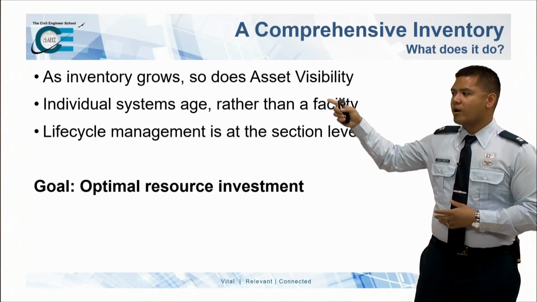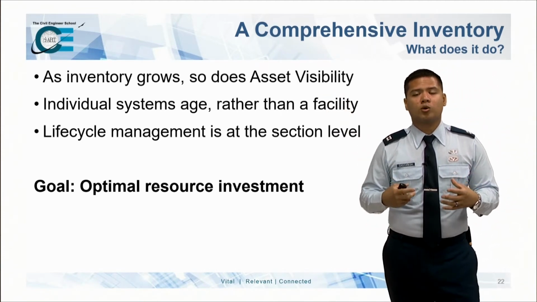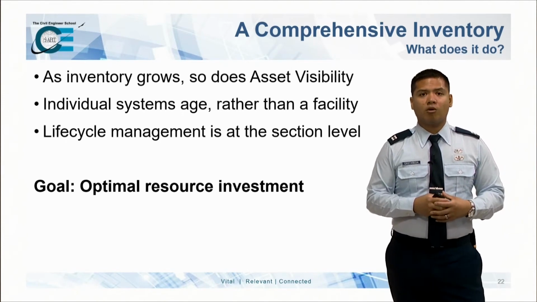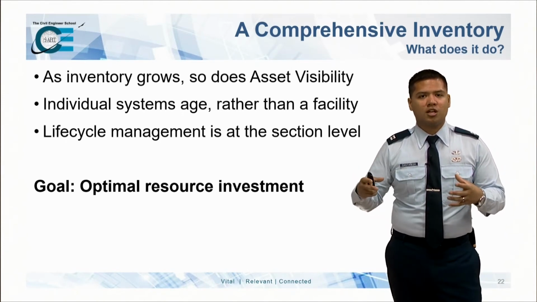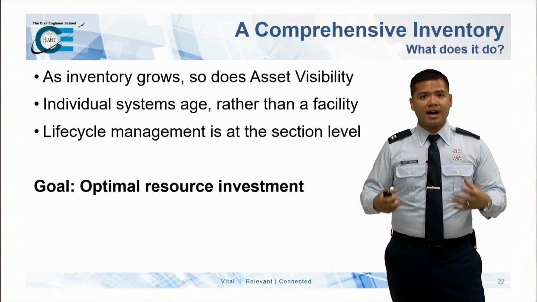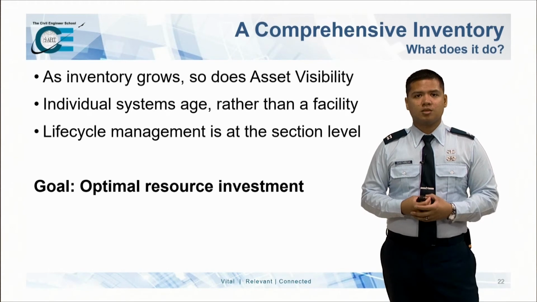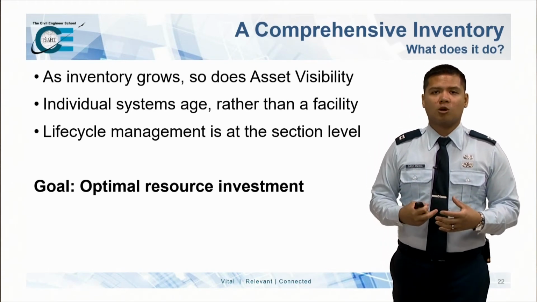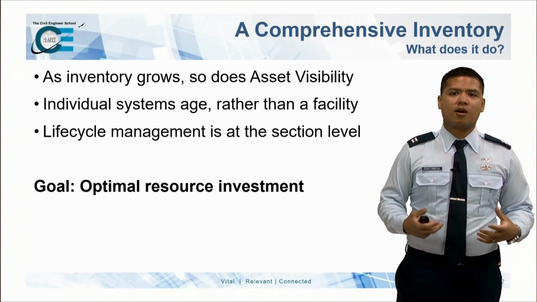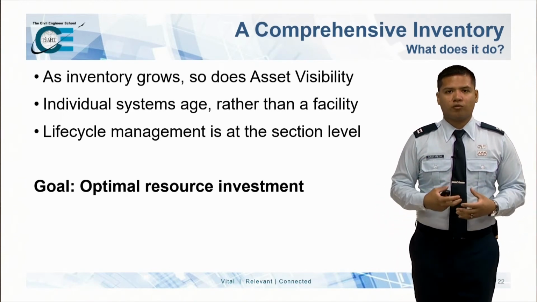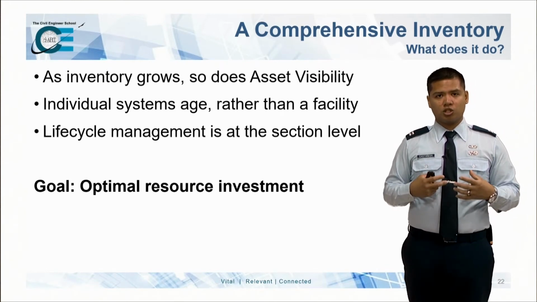So remember, as our inventory grows, and say we're building off of those 7 systems that have already been inventoried, and we're getting towards the 13, and we're getting towards 21 and 22 systems worth of data in our sustainment management systems. As our inventory grows, so does our asset visibility. We start getting more awareness of our assets, having a deeper understanding of our portfolio and how our portfolio is structured.